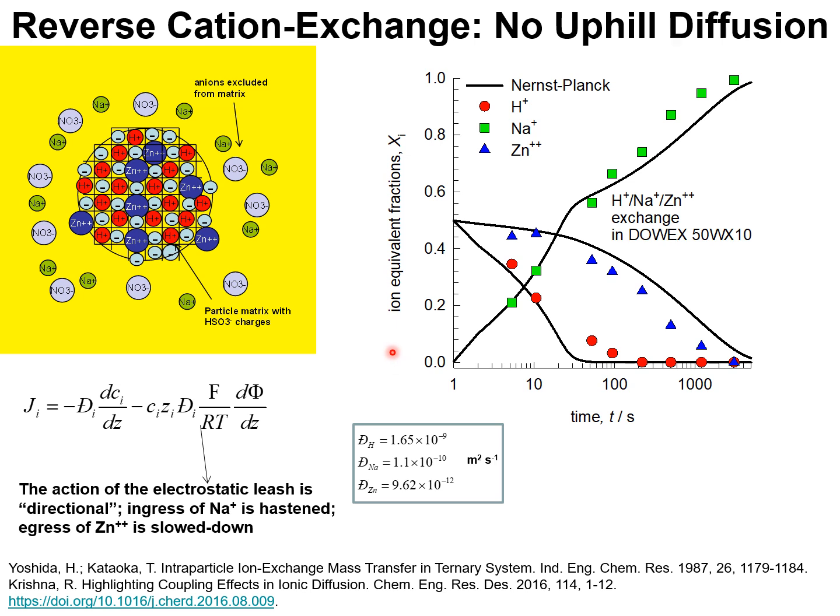The transient development of the ion fractions of sodium, zinc, and hydrogen cations are shown here using symbols.